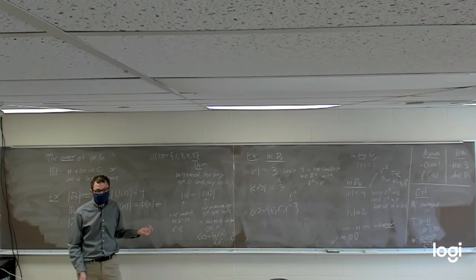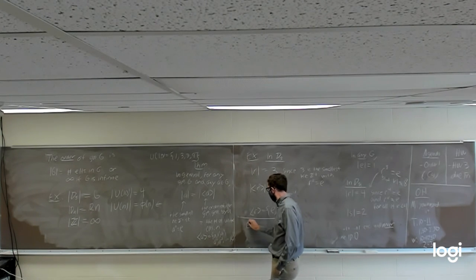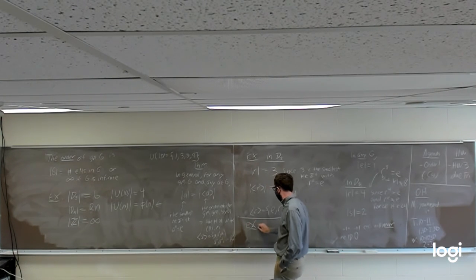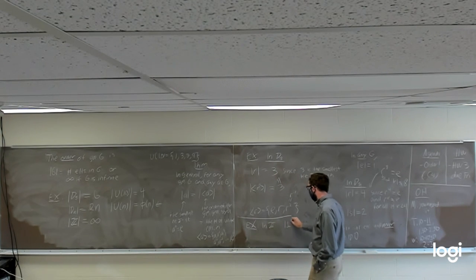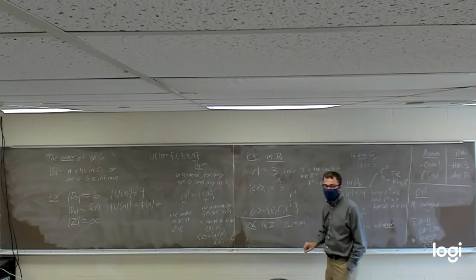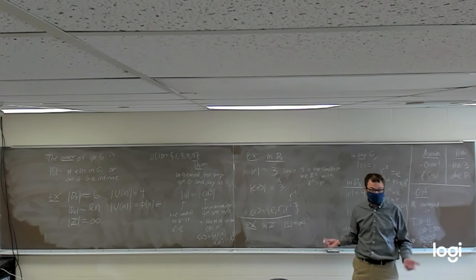So like in the integers, for instance, we already said before that the order of 1 is equal to infinity, because you take 1 plus 1 plus 1 plus 1 over and over again, you're never going to get back the identity.